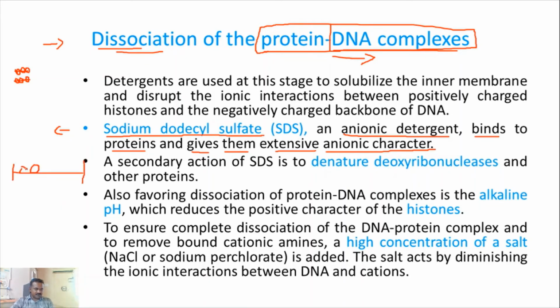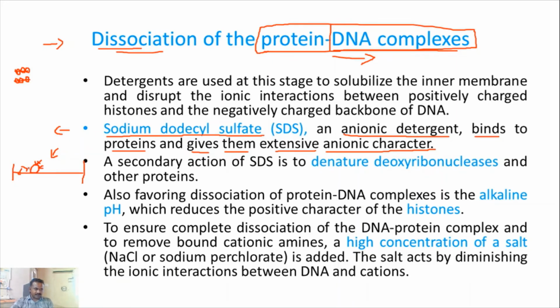Consider the DNA. This is a protein. DNA is negatively charged. The binding histone protein is always positively charged, highly positively basic proteins. When we add SDS, it provides a highly negative anionic charge to the histone protein. So DNA is anionic, and the SDS bound histone complex is anionic. SDS is anionic.